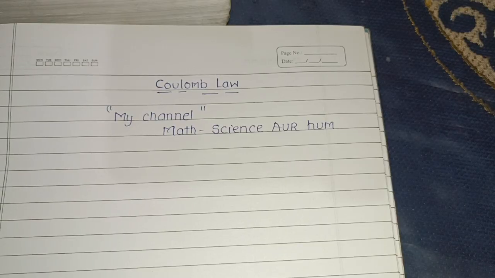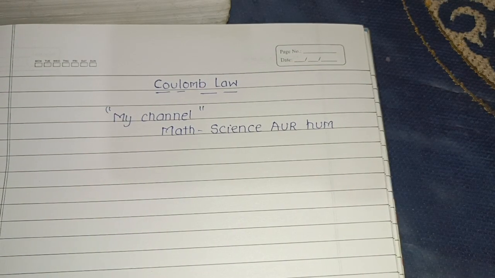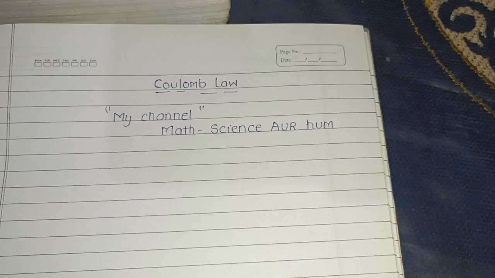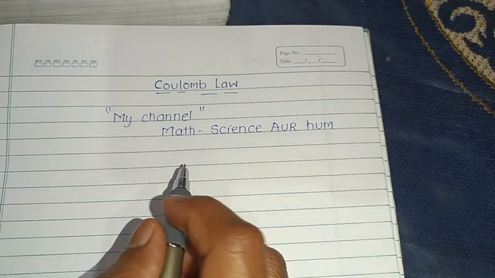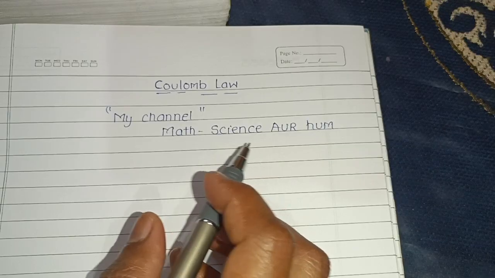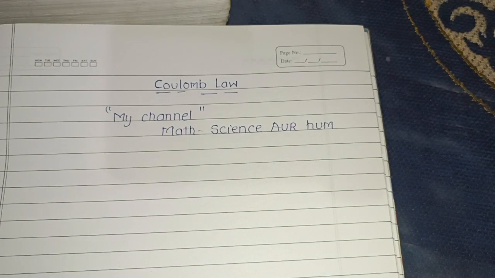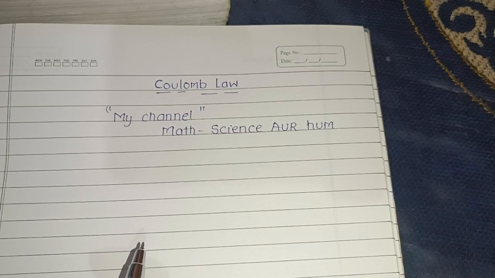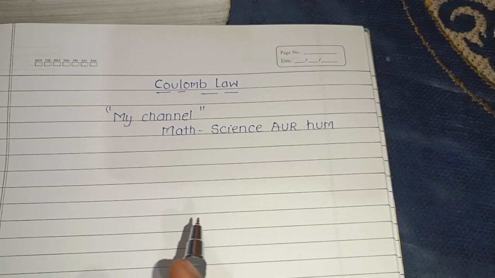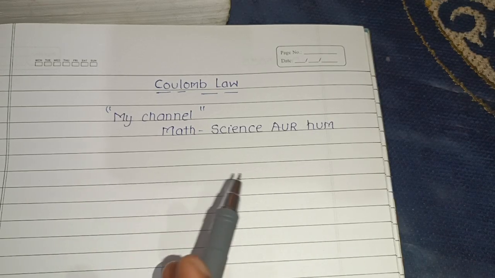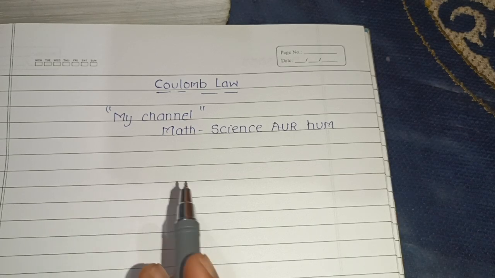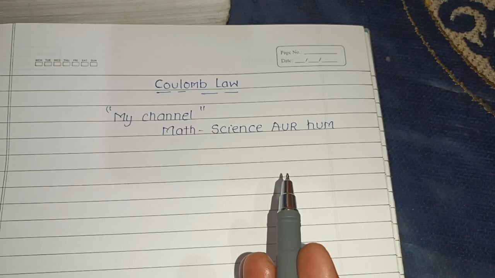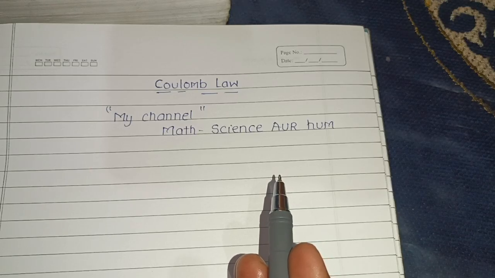Coulomb ने बताया था कि like charge और unlike charge के between एक force लगता है. ठीक है, एक force लगता है. वो जो force होता है वो उन charges के magnitude और उनके बीच में जो distance होती है उनके square के inversely proportional होती है.